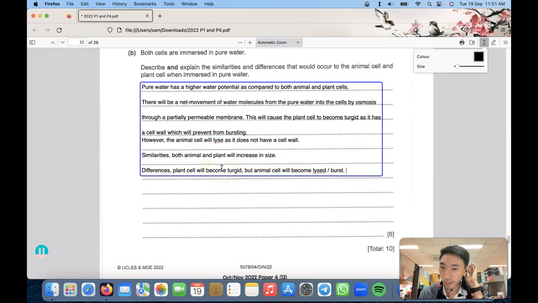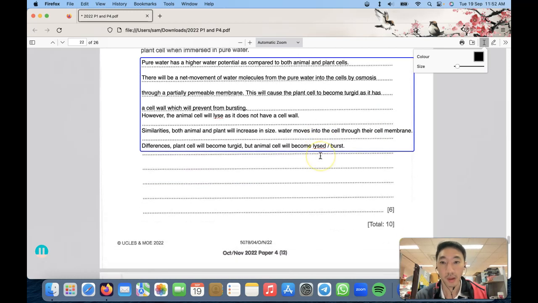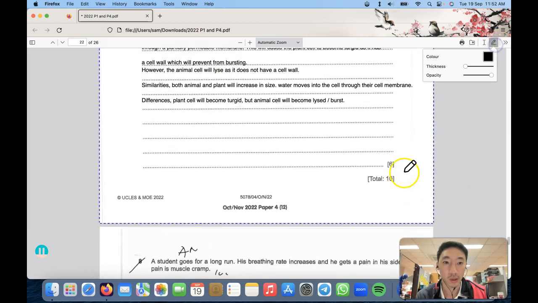Is there any other differences? Describe and explain the similarities and differences that will occur to the animal cell and plant cell in pure water. I got my osmosis statements. I got my different similarities. Is there any other similarity? Water moves into the cell through their cell membrane. That's one more similarity. So I think that should be the 6 marks already.